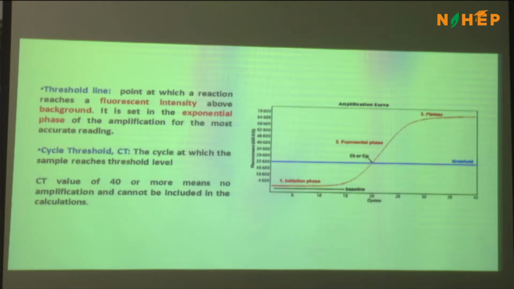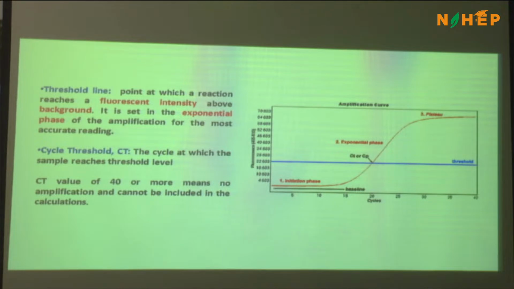And the threshold line is a point at which the reaction reaches a fluorescent intensity above the background. It is set in the exponential phase of the amplification for the most accurate readings. So the CQ value indicates that amplification is happening and the reaction is working.